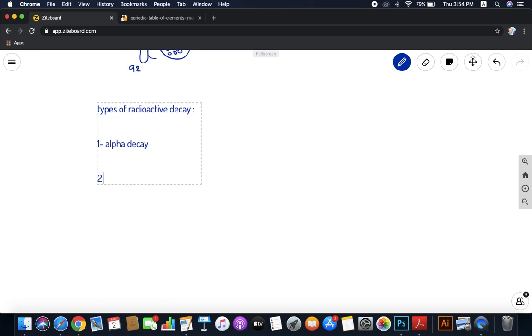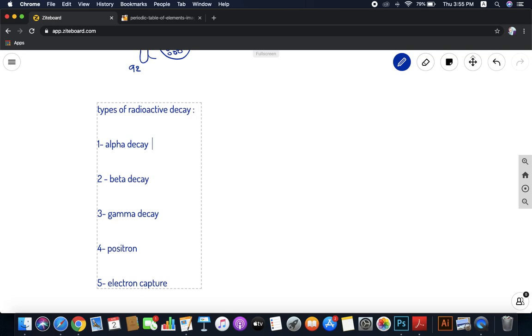The second type is beta decay. The third type is gamma decay. The fourth one is called positron. And the fifth one is electron capture.